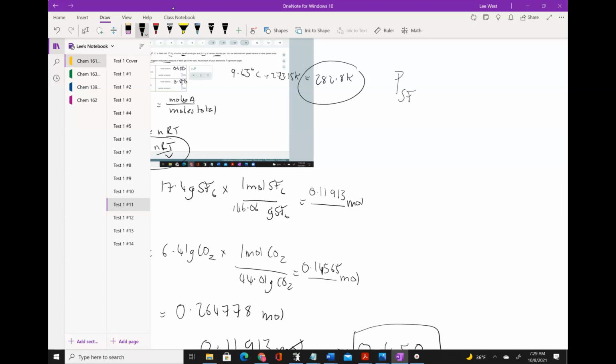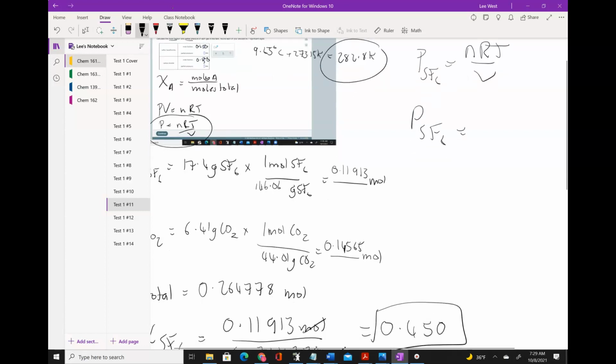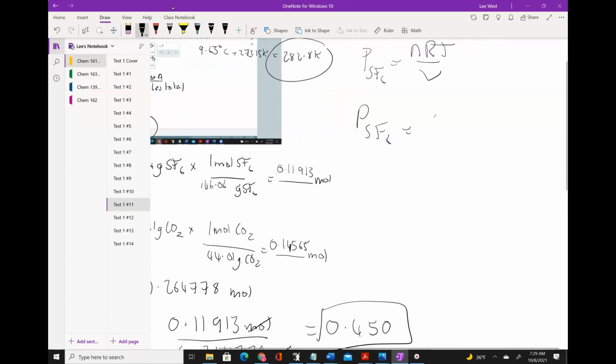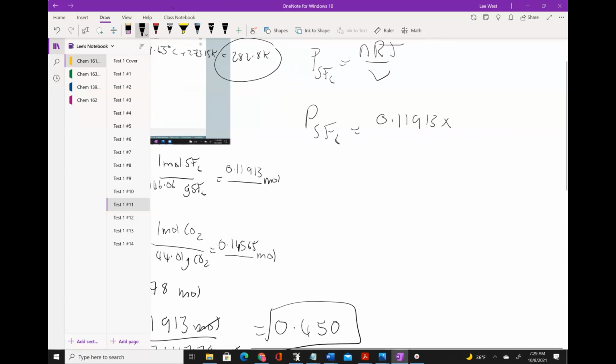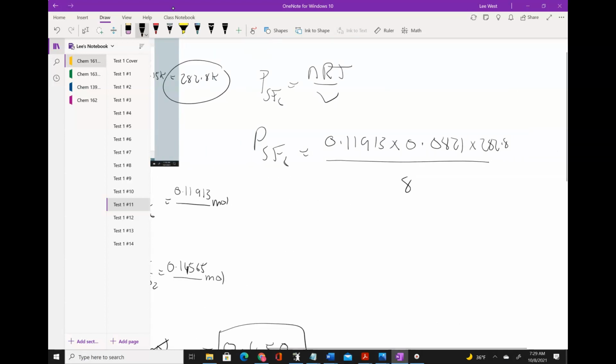The pressure of SF6, it's nRT on V. Alright, and so pressure of SF6, our moles of that component was 0.11913. The ideal gas constant is 0.0821, and the temperature is 282.8 Kelvin. The volume was 8 liters, and that's it.